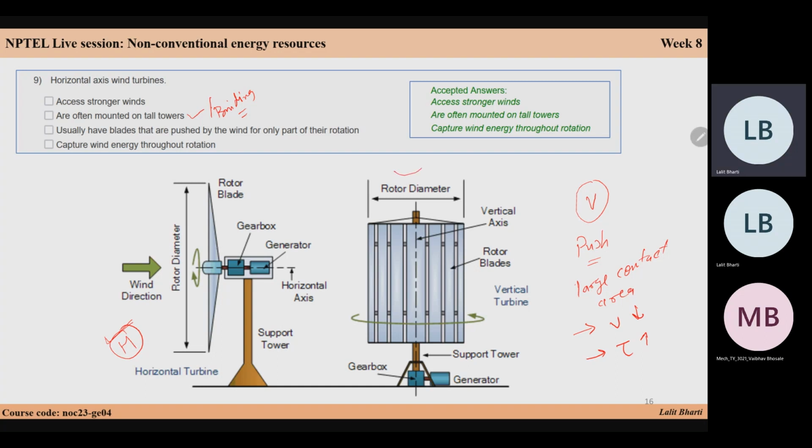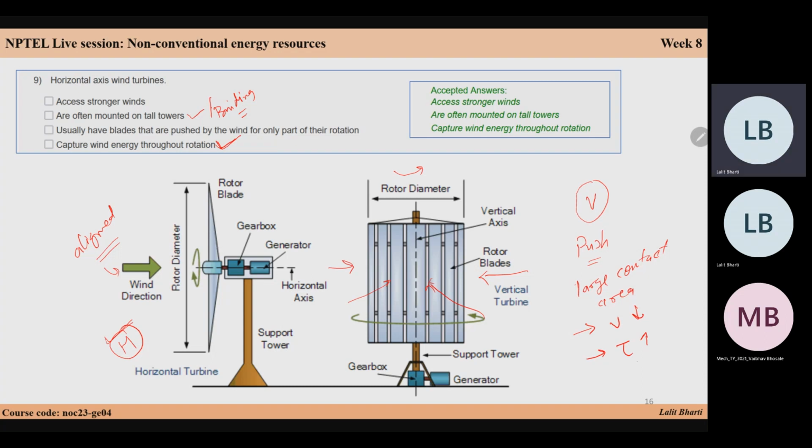Throughout the rotation, they capture the wind energy, correct? Because for the horizontal type of system, they need to be aligned in the direction of wind. But in this vertical type of system, wherever your wind comes, it will rotate the wind turbine.